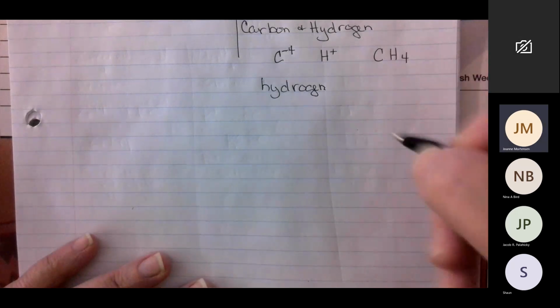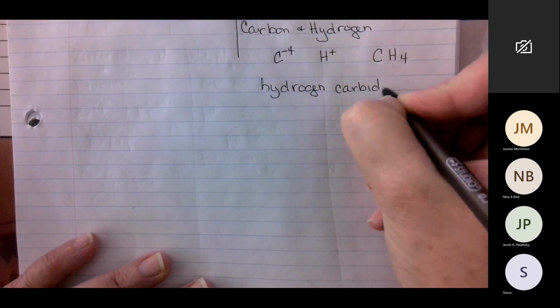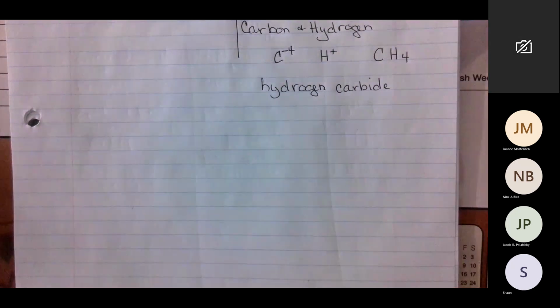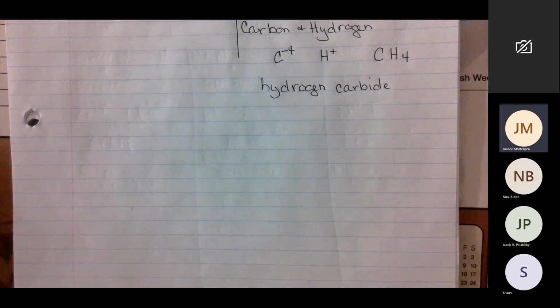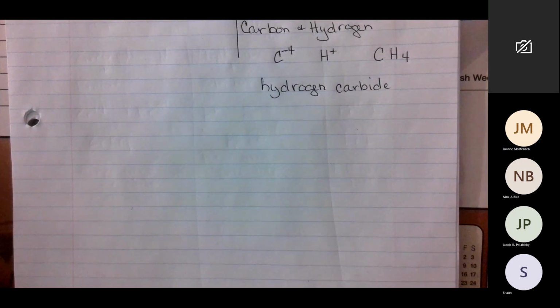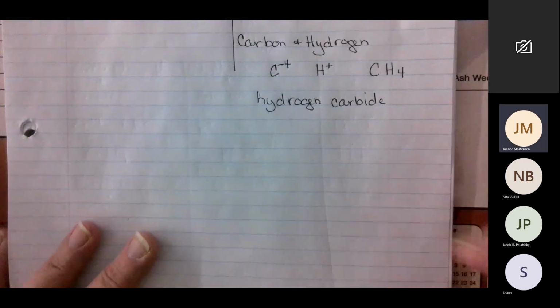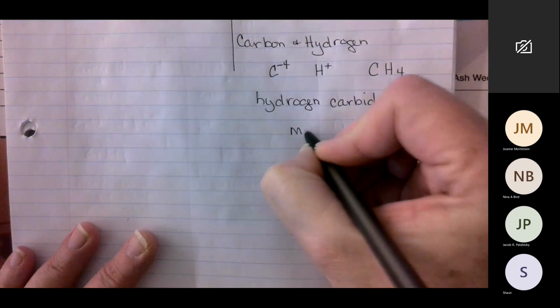And carbon becomes carbide, like carbide drill bits, saws. But most of the time, you just call it methane.